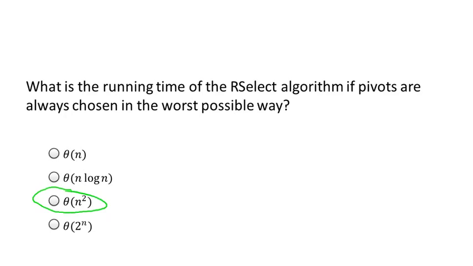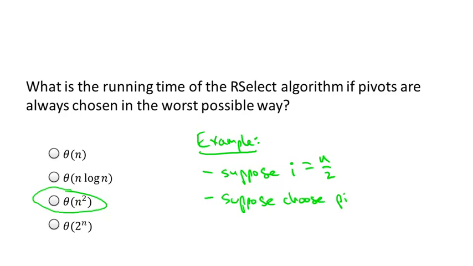So the correct answer to this question is exactly the same as the answer for quicksort. The worst case running time, if the pivots are chosen just in a really unlucky way, is actually quadratic in the array length. Remember, we're shooting for linear time, so this quadratic is a total disaster. So how could this happen? Well, suppose you're looking for the median, and suppose you choose the minimum element as the pivot every single time.